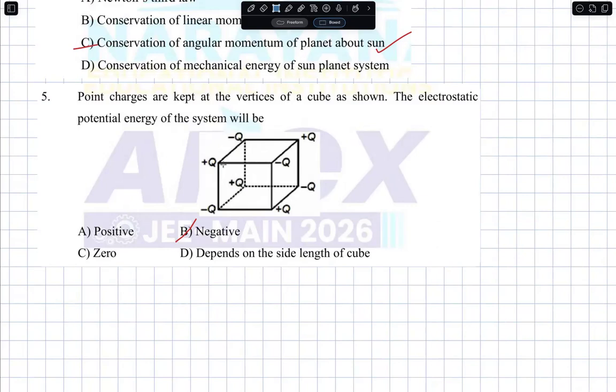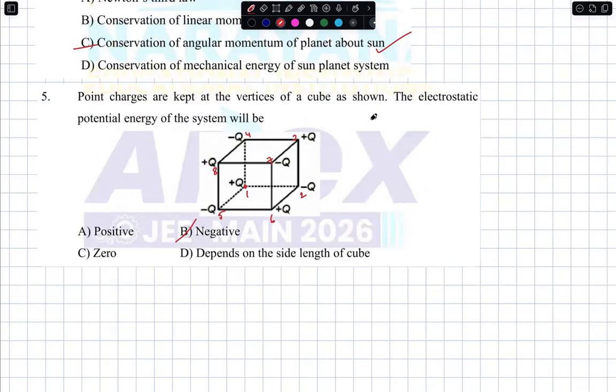Now, we need to take one of these charges as a reference. Like, for example, you take one of these charges as 1, 2, 3, 4, similarly 5, 6, 7, 8. Now you find the configuration.